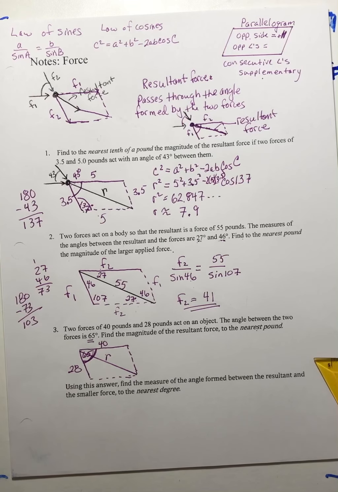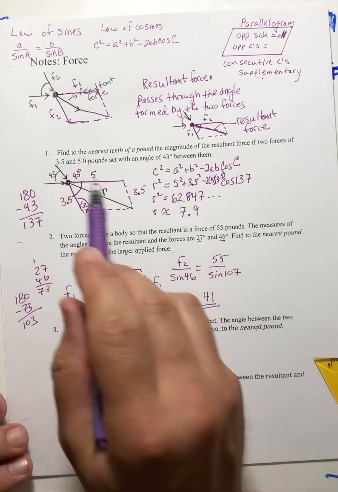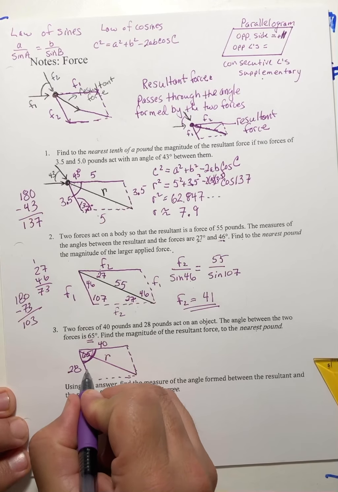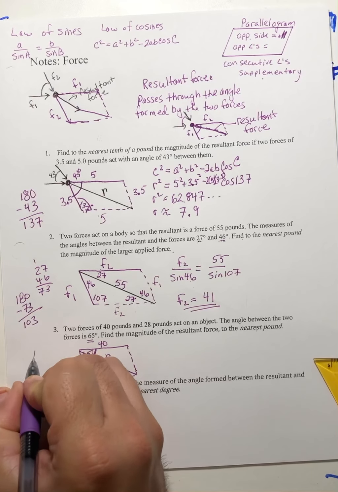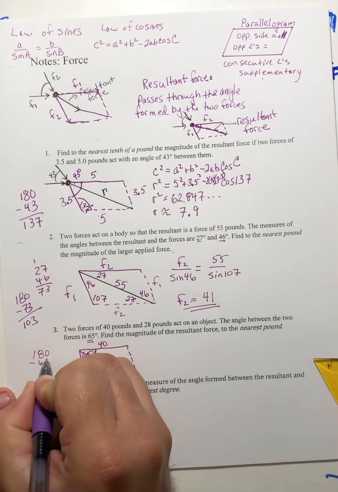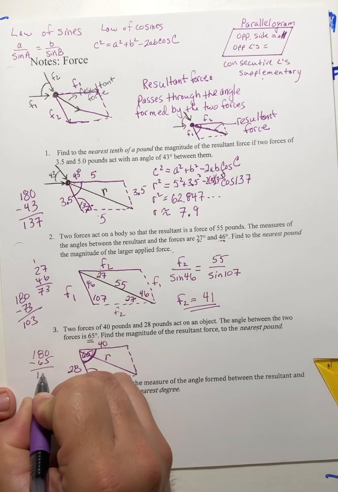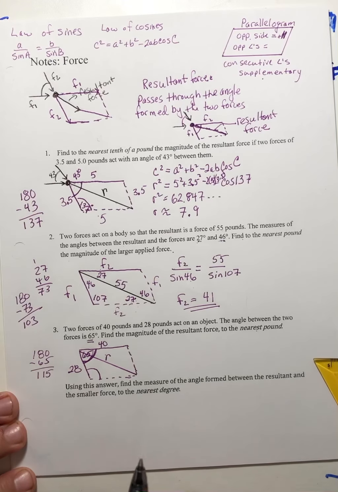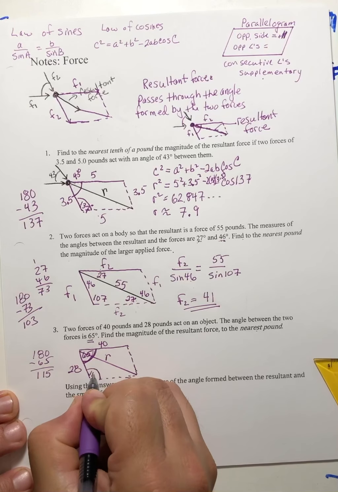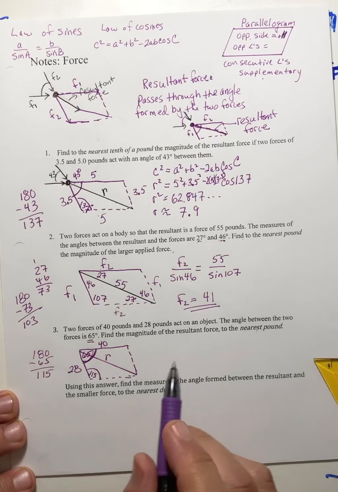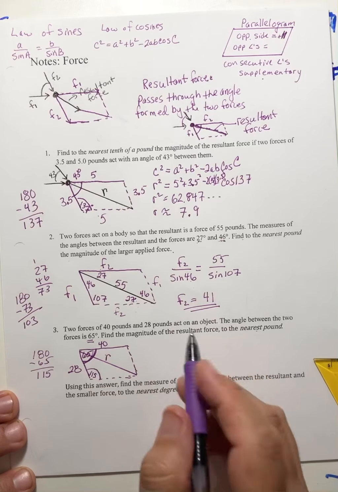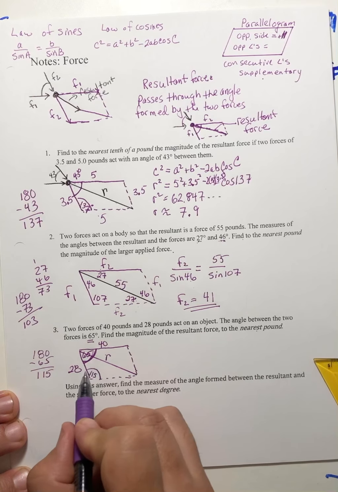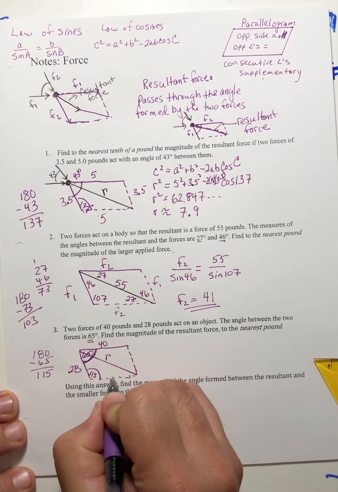All right, so this is just like number 1. We have to find this angle. 180 minus 65 gives us 115. Okay, so I'll put 40 down here.